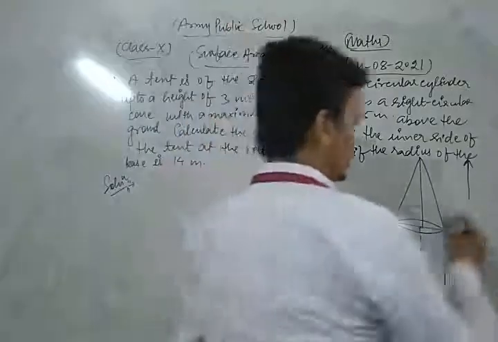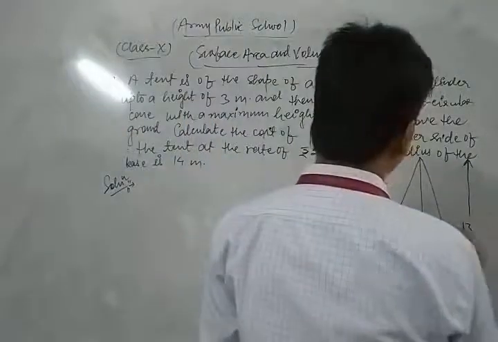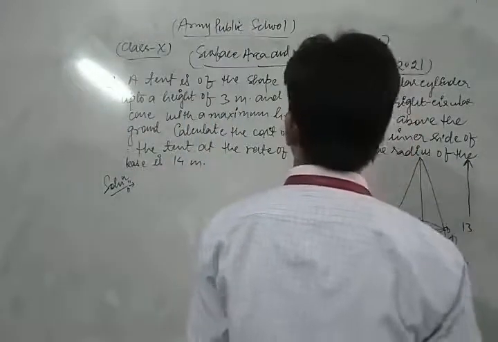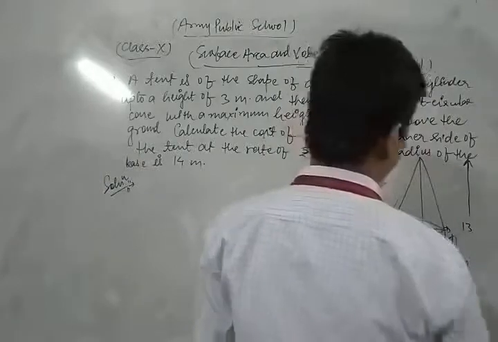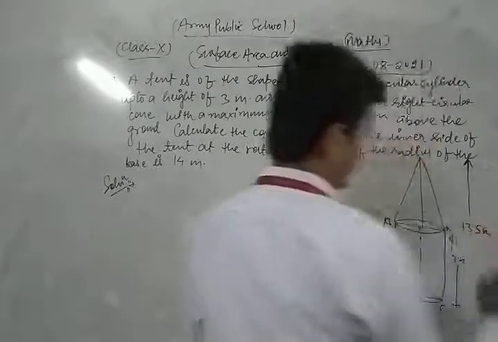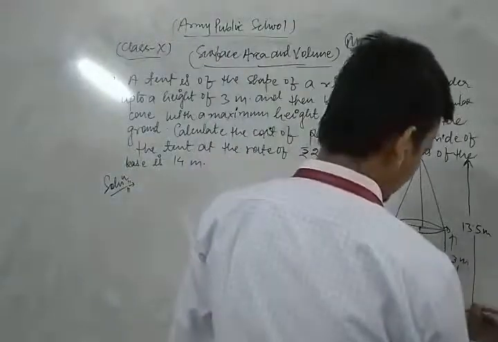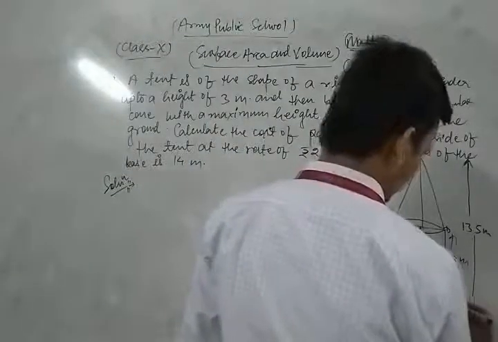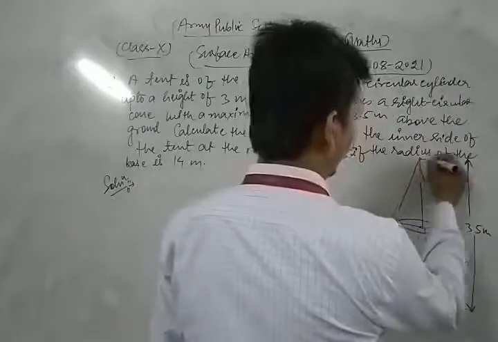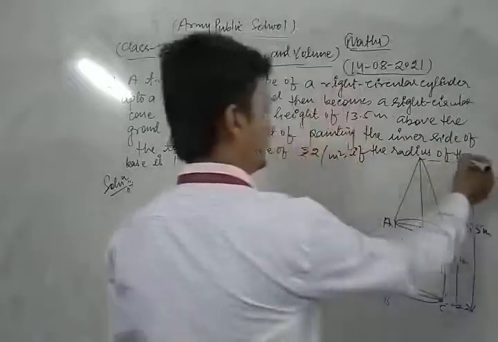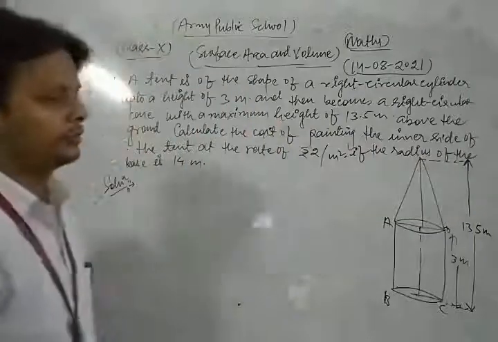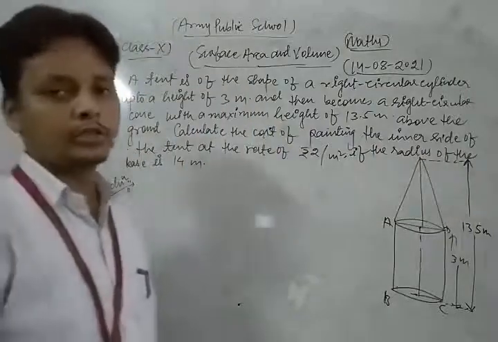Okay, above the ground the total height of the tent is 13.5 meter. Now this is your question.